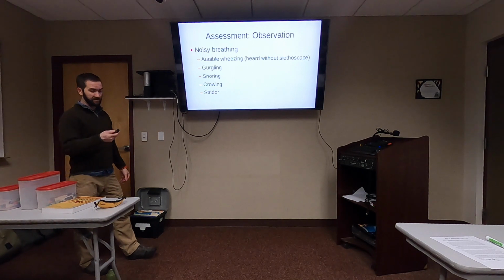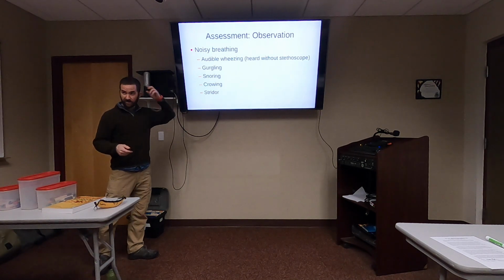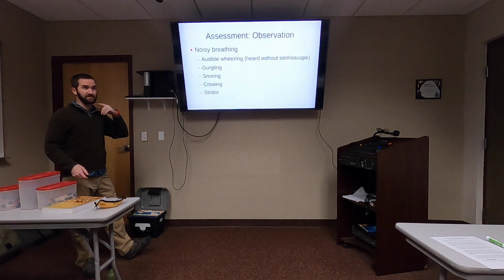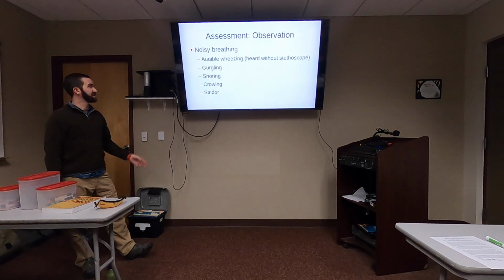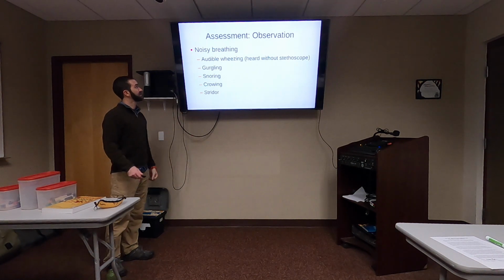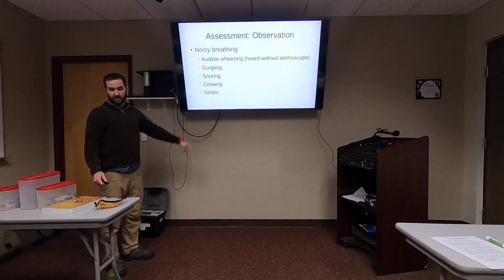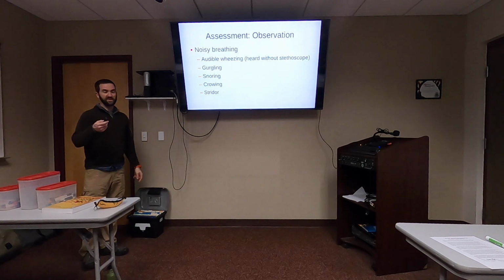And stridor, which is the upper airway obstruction, and that's a whistly sound, kind of similar to wheezing, but it's coming from the upper airway. And that's the sign of an upper airway obstruction, some kind of foreign body up there usually.